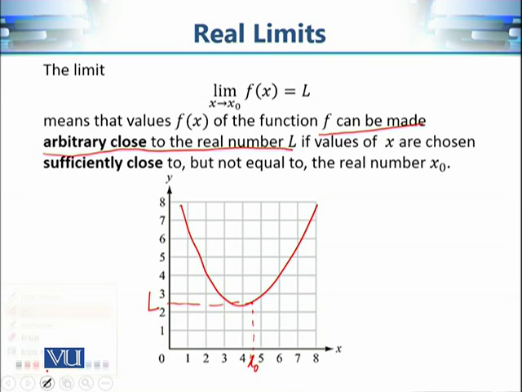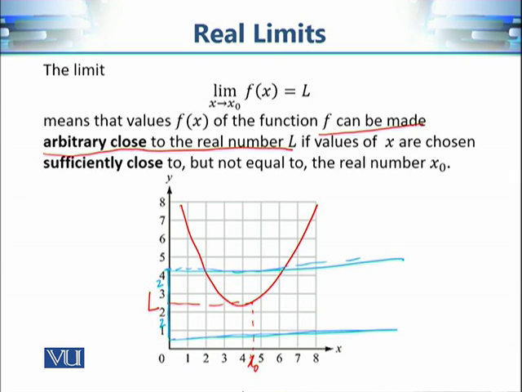So in other words, if we choose a distance, let's say this distance is 2 units, and we ask whether the functional values are closer than the distance 2, so this is distance 2, this is distance 2, then we are asking the question: do the functional values lie between these two blue lines or not?